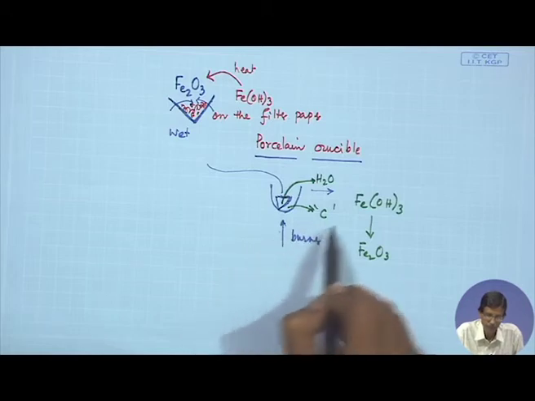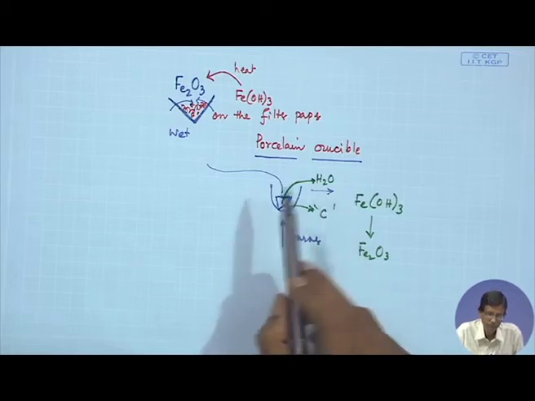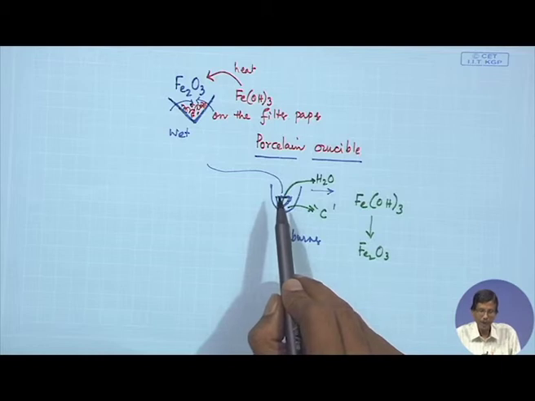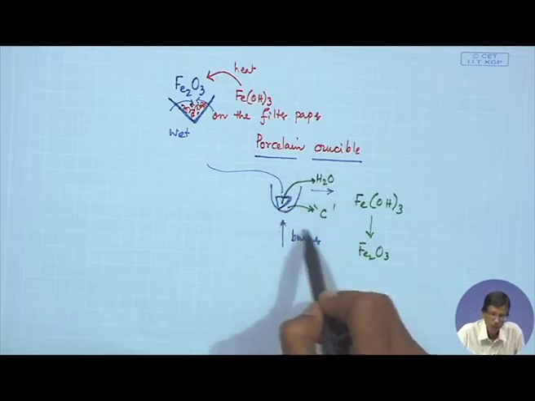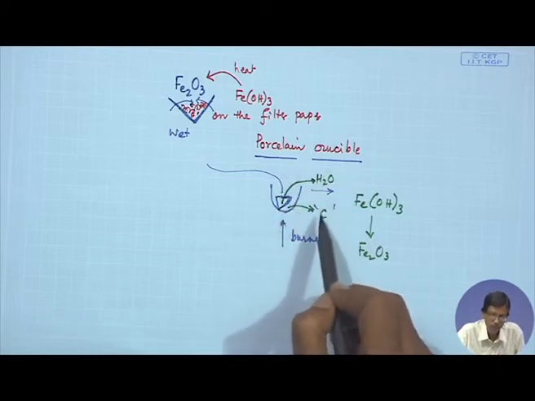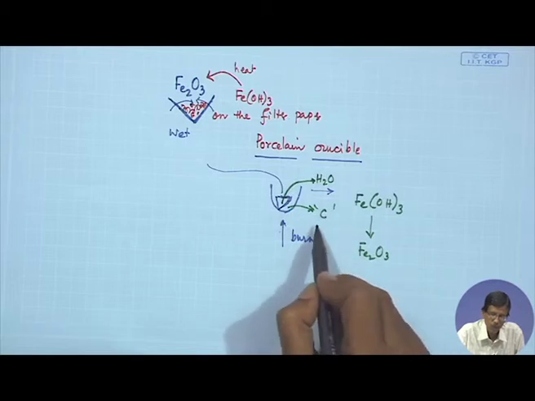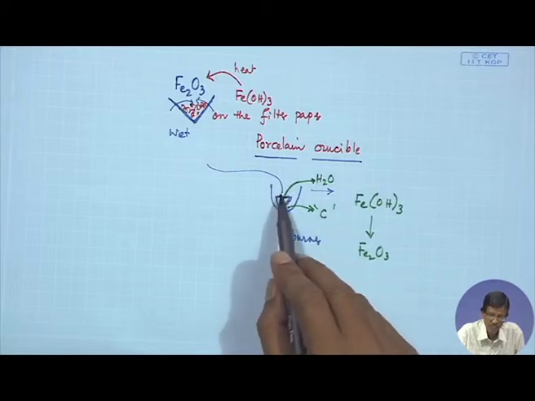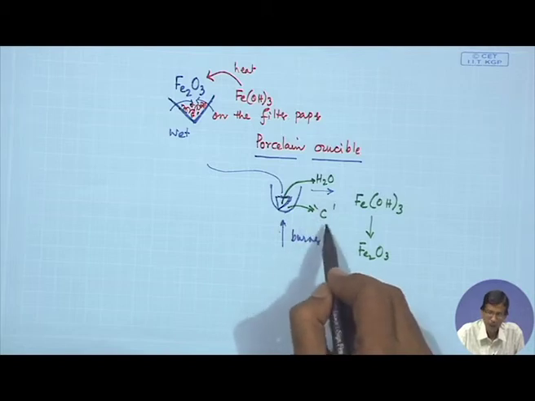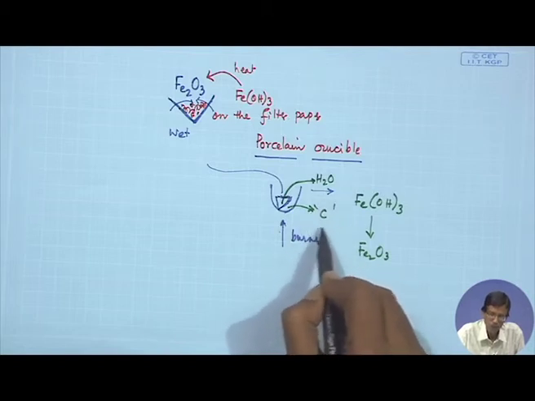So, we will completely burn the filter paper, that is why it is known as ignition gravimetry, or the corresponding burning process for the filter paper. Initially the filter paper will be charred and the black mass will come, and slowly you have to burn this carbon.